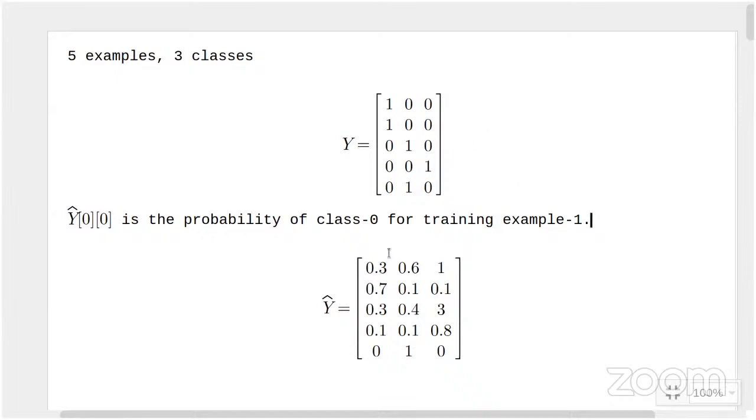This is clear, right? Each row corresponds to one training example, so first row corresponds to first training example, and each column corresponds to one class, right? So if I use 0 indexing throughout, for the 0th example, the first element in that particular row will be the probability that the network thinks that this example belongs to class 0.